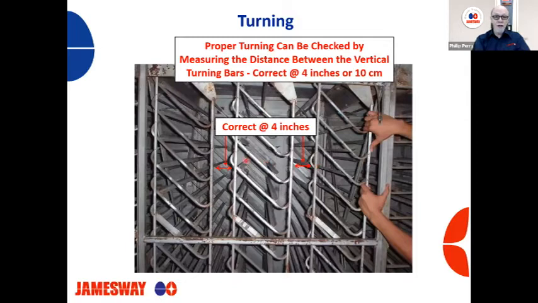A good way to check this is there should be 4 inches between the turning bars. When I'm stepping through a machine and going down that center aisle, I'll often just take my fist and make sure that we have that 4 inches. Then I know that my eggs are turned the 45 degrees, which will create the correct resistance.